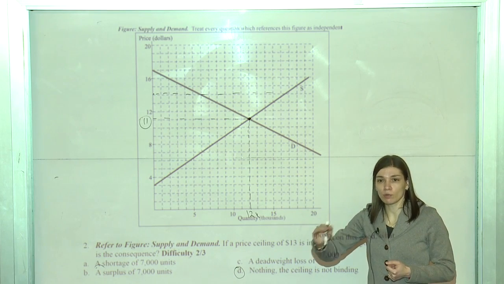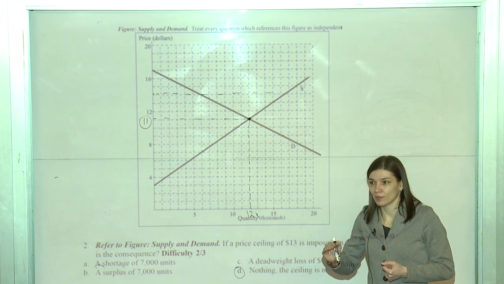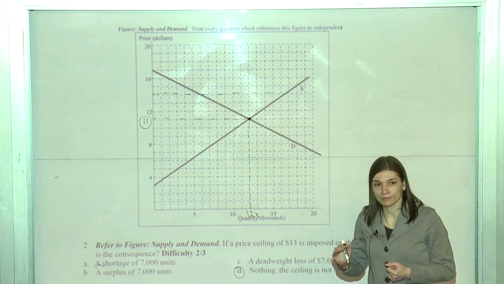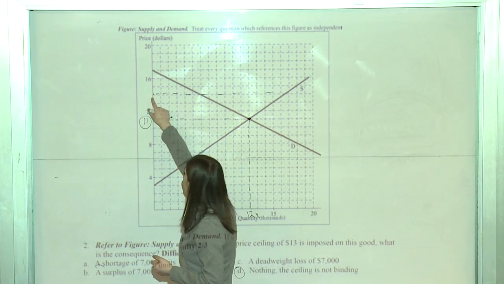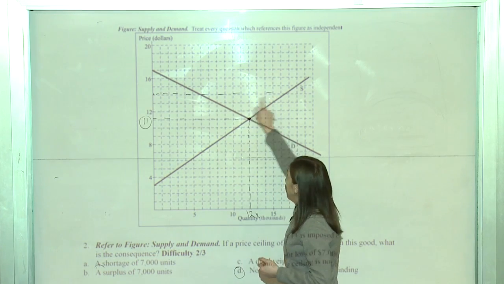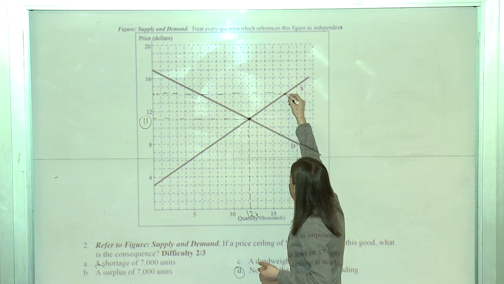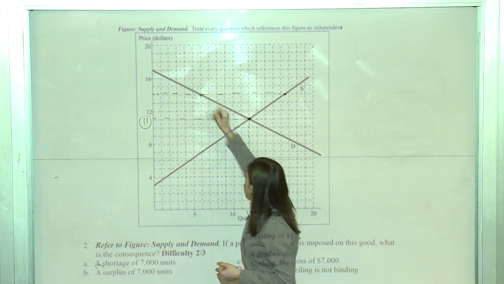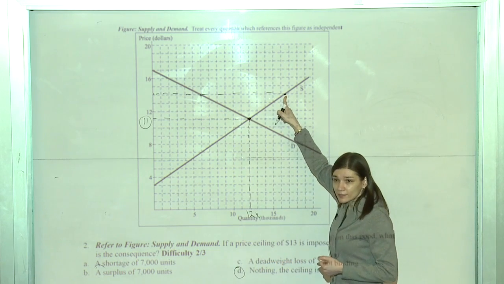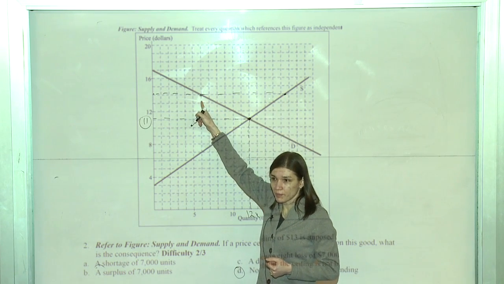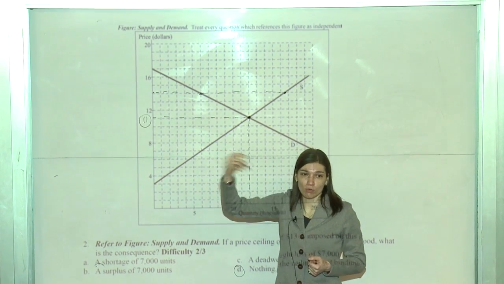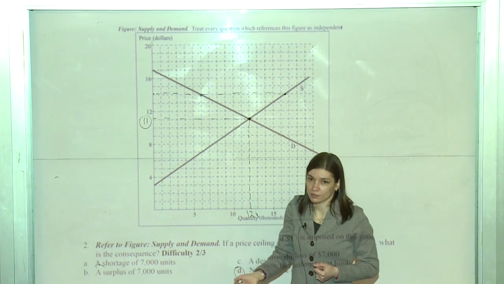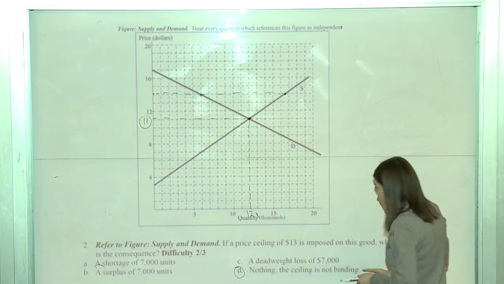So then we will have a binding price floor. And what's the consequence of that? If it were a price floor here at 13, then quantity supplied would be higher than quantity demanded at that price floor. So we would have a surplus. Exactly.